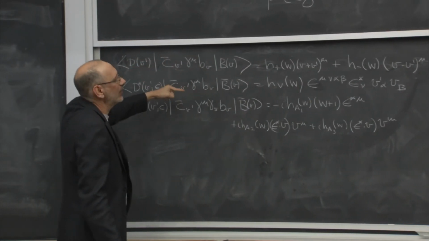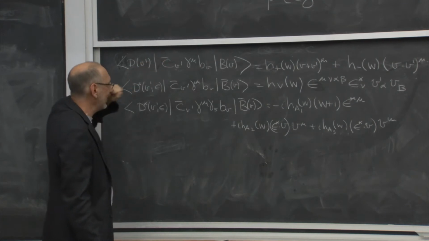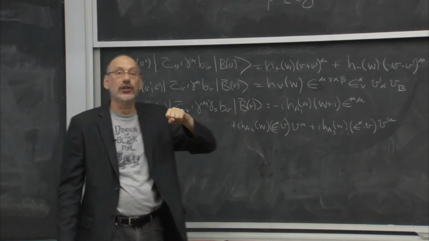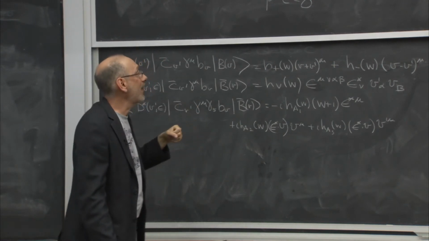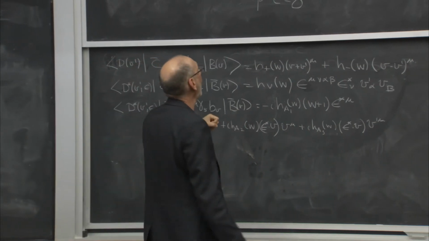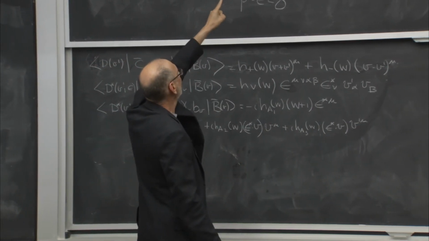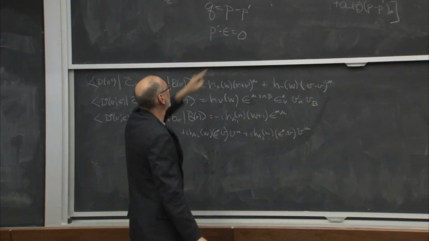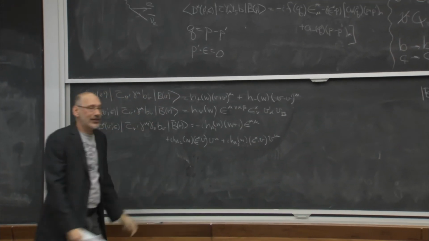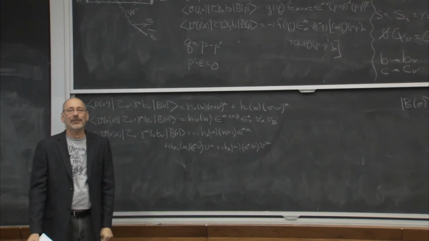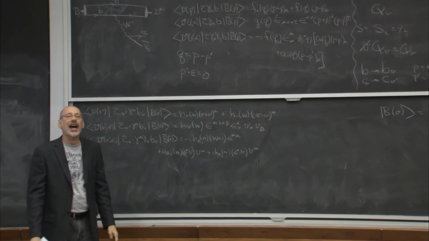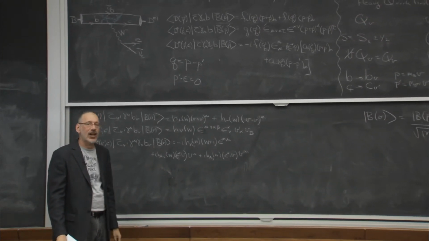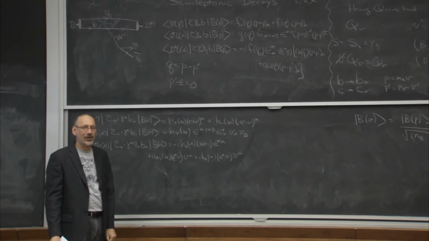The matrix elements I want to calculate, now not in full QCD, but in the effective theory. I should have said one more thing. I've chosen to evaluate all the fields, the quark fields, at the origin of space-time. Otherwise, the matrix elements have some simple dependence on space-time that you can get from translational invariance.